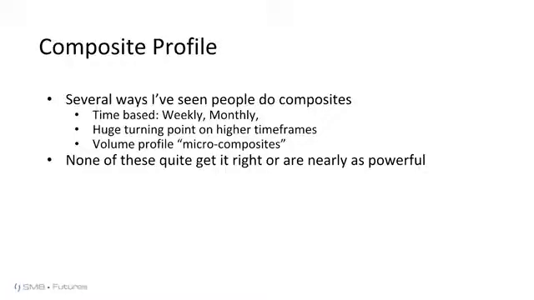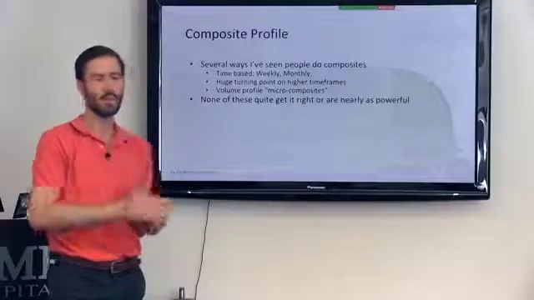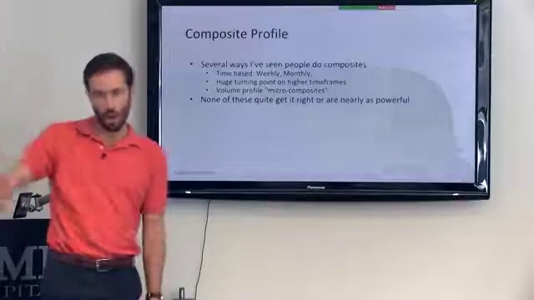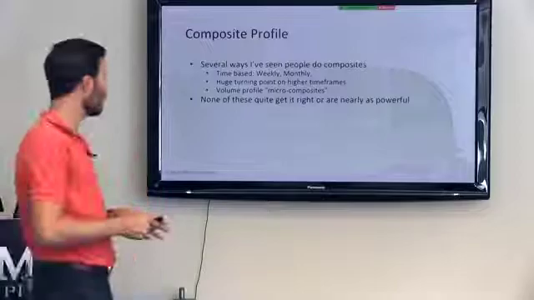Other people look at, I think this gets closer and closer to the right story, huge turning points. So if you had a big sell-off in the S&P and then you started the rally, and it was a very clear swing low on a higher time frame, a daily chart, a weekly chart, some people would say, I'm going to start building what I call a composite from that swing low forward, and we're going to look at all of that volume or all of that profile as a composite.